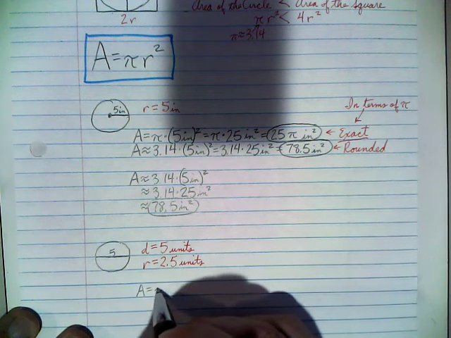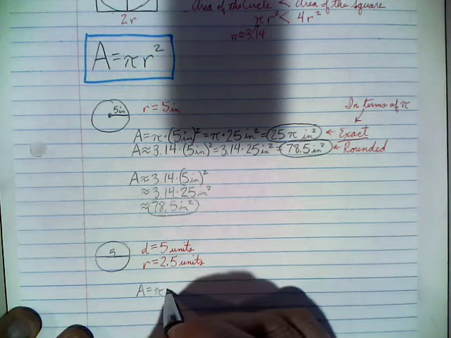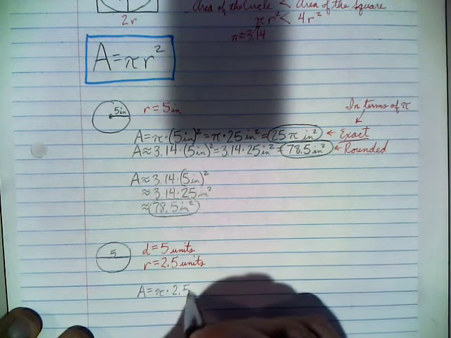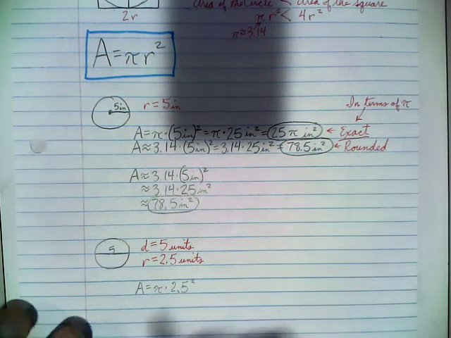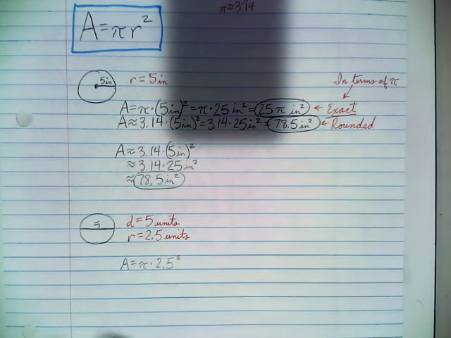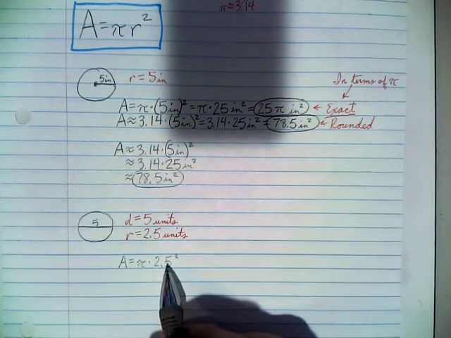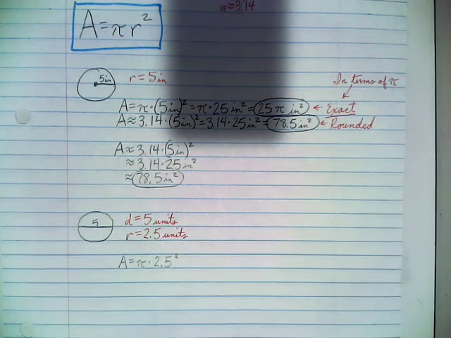So the exact area would be pi times 2.5 squared. And now you'll notice that I didn't use parentheses this time because I also didn't write any units. So what is this exponent next to? 2.5, and 2.5 is the radius. We'll throw the word units on at the end, but I don't need them until the very end.